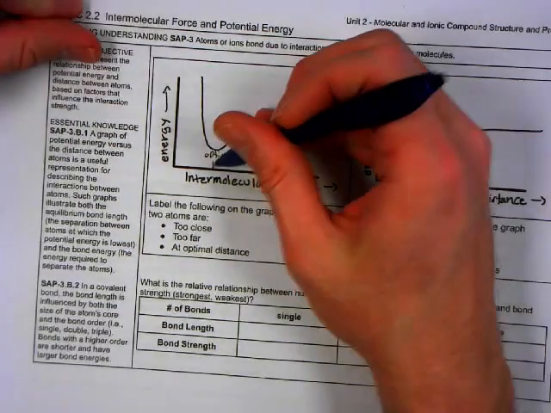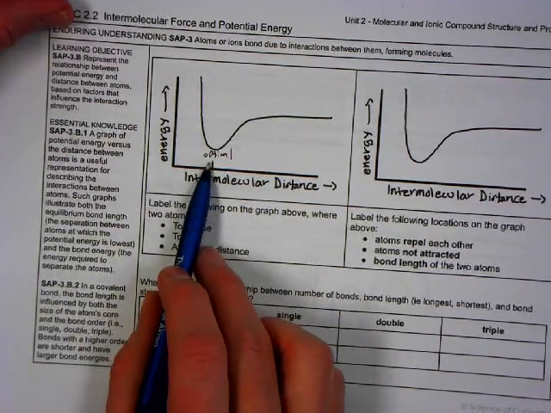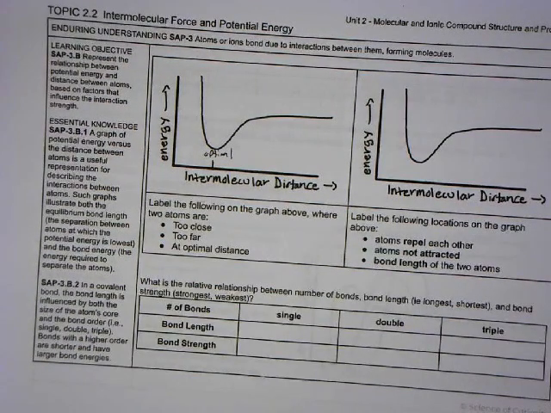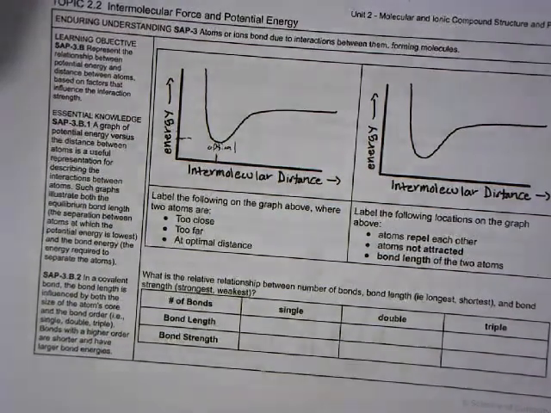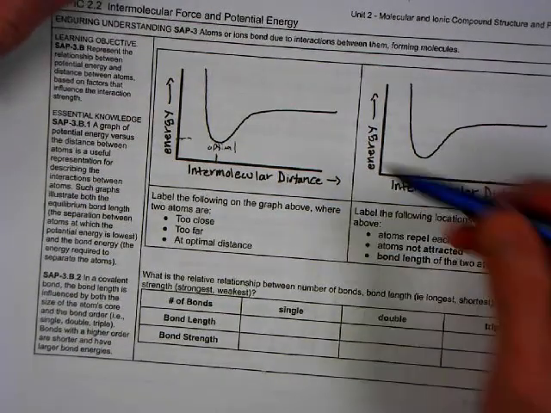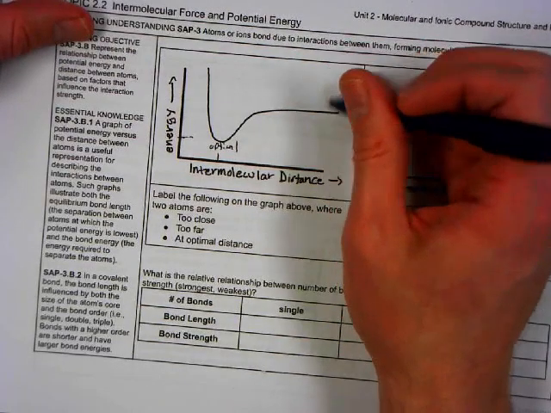And this distance right here gives me my what? My bond length. And this energy is going to give me my bond energy. So the bond length is here.